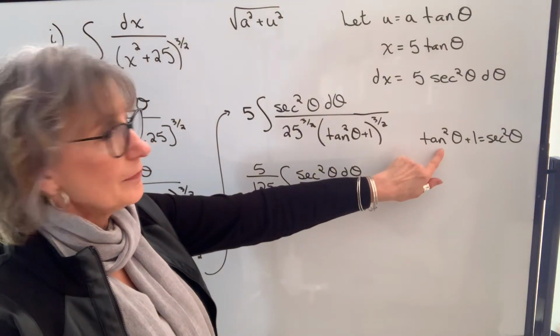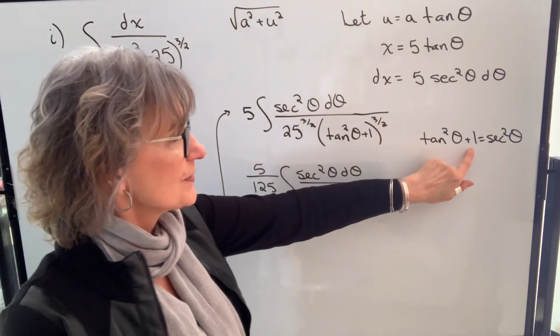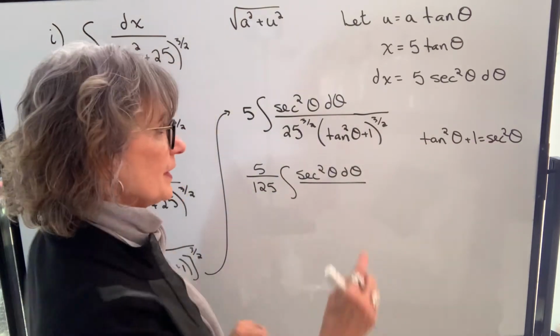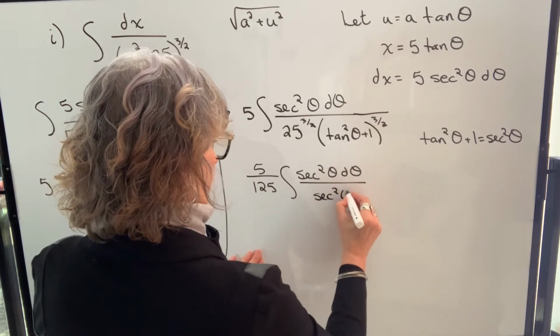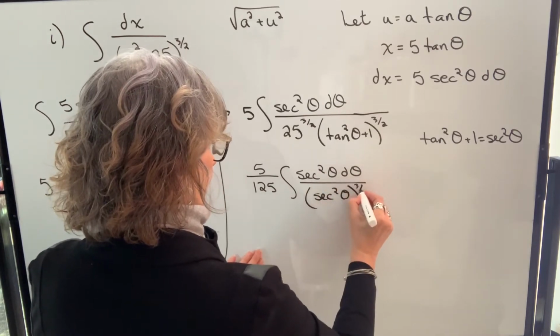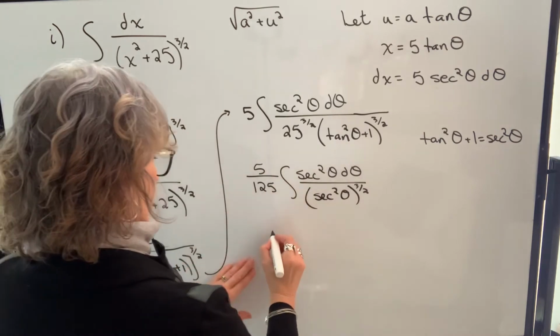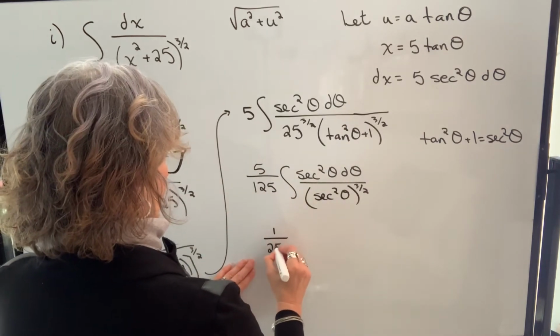We have a Pythagorean identity that tells us that tangent squared theta plus 1 is equal to secant squared theta. So I'm going to replace this with secant squared theta. 5 over 125 will be 1 over 25.